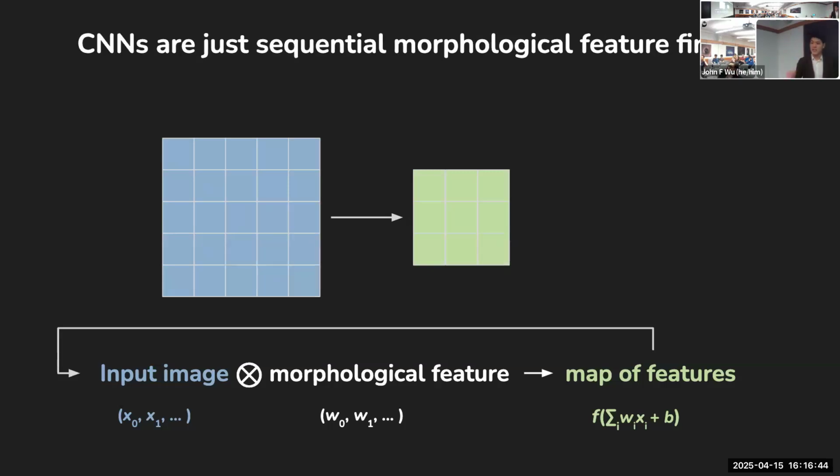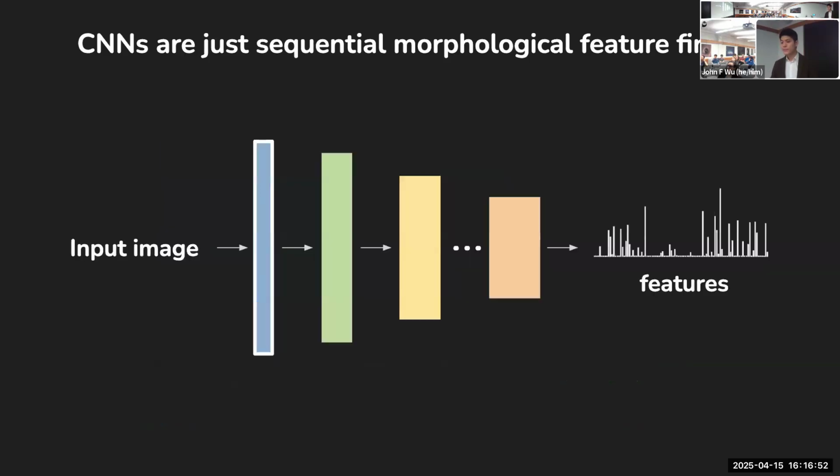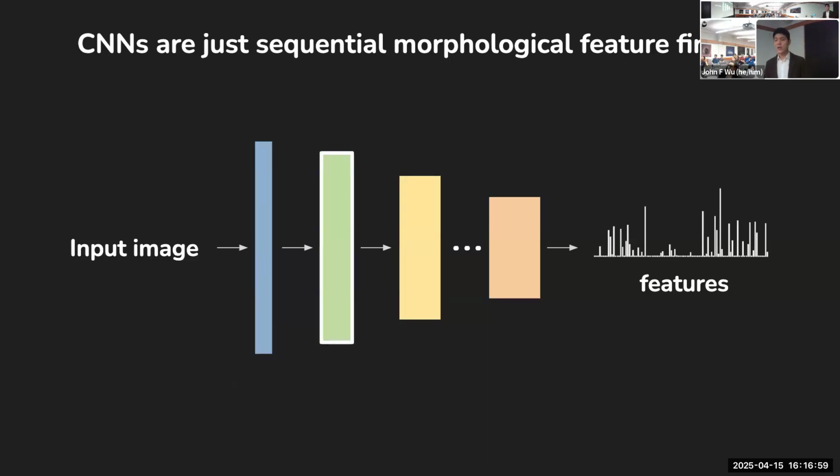You can also do many of these in sequence, such that you feed in this map of features as the inputs to the next layer in your convolutional neural network. And so what this looks like is that you're sending these in as inputs to the next layer of convolutions, and you can search for more complex and high-level features. Maybe in the beginning, you've got things like edge detectors, or you're looking for point sources.